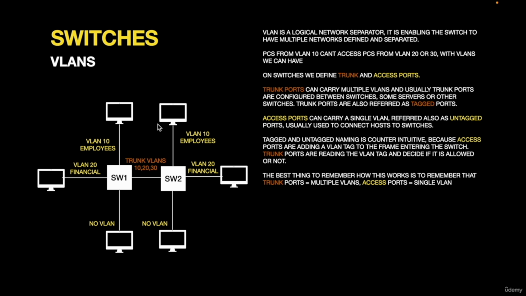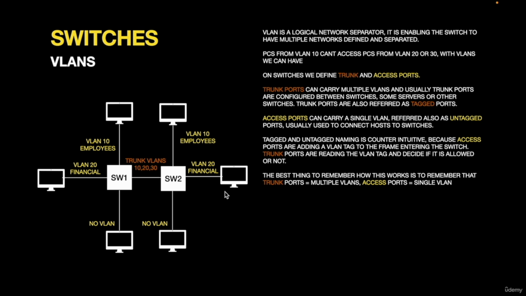For example, when we are configuring VLANs, we want PCs from VLAN 10 to communicate with other PCs from VLAN 10 and to not be able to communicate with other PCs from, let's say, the financial department and maybe others.